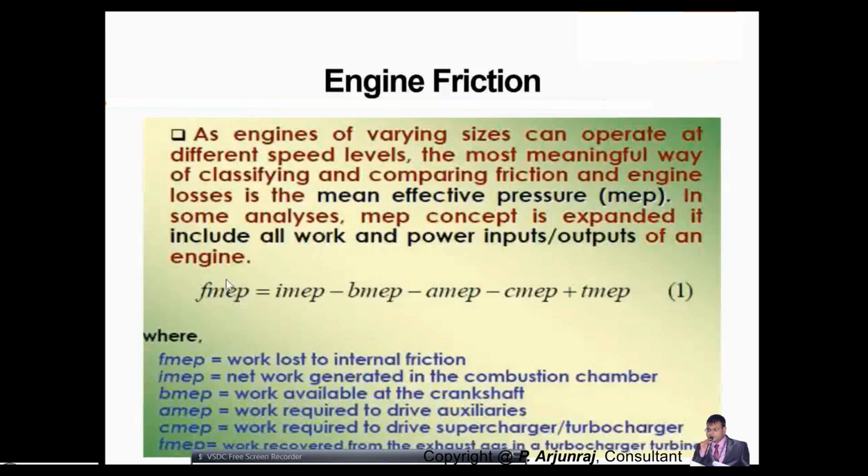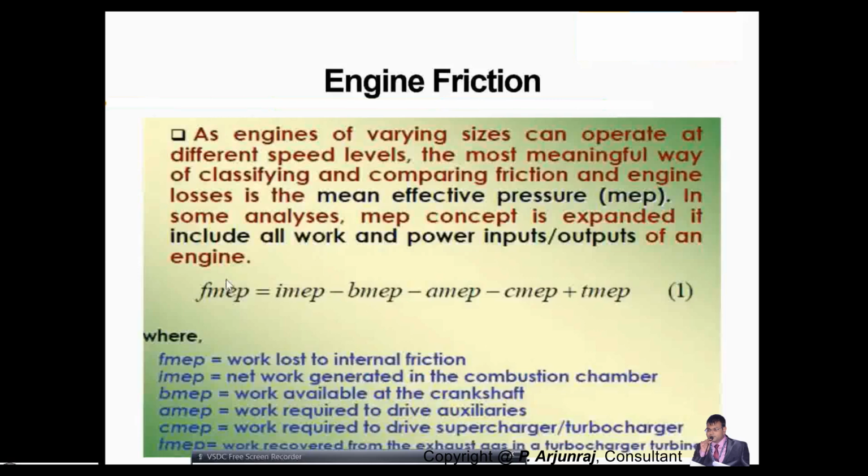So the mean effective pressure is the average pressure developed in the engine for an hour, which means during the course of operation. That average pressure is called the mean effective pressure.